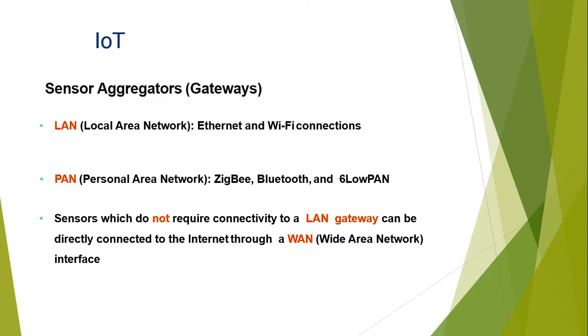At the local area network, there is Ethernet and Wi-Fi. At the personal area network, there is Zigbee, Bluetooth, and 6LoWPAN, and other protocols are also used in wireless sensor networks for IoT applications. Sensors that do not require connectivity to a LAN gateway may in some cases be directly connected to the internet through the wide area network.